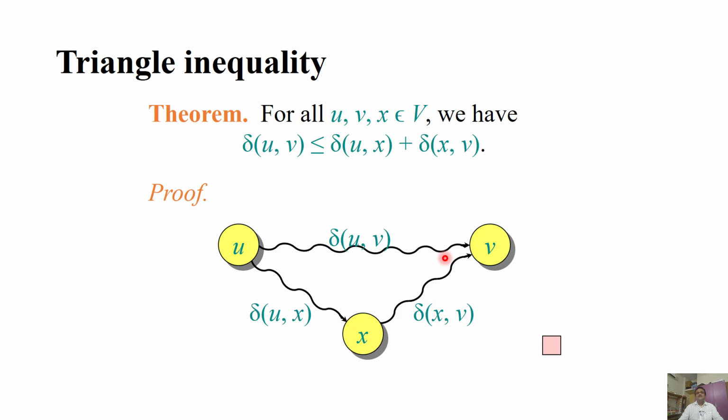The shortest path must be less than or equal to the weight of all other paths, and this is one path. So, delta of u v must be less than or equal to delta of u comma x plus delta of x comma v. This is the proof of this theorem. This theorem is called the triangular inequality. We will use this theorem for our algorithm.